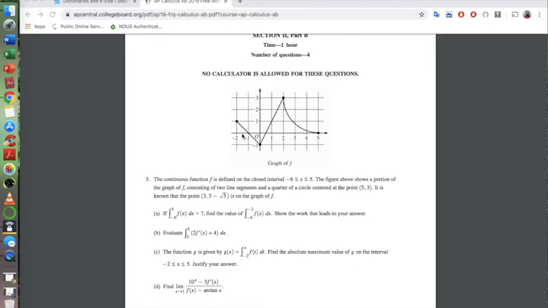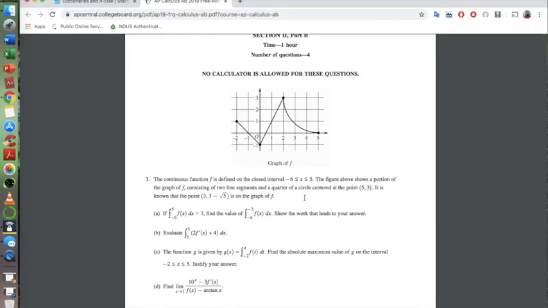If we stopped here, then g of x is equal to that part of the curve, the area underneath the curve there. And if we went to here, then it's equal to this area under the curve. And if we went over to this area, then we're going to take this part, subtract that from this part. So we're just moving from left to right and using x as the top limit of our integral there.